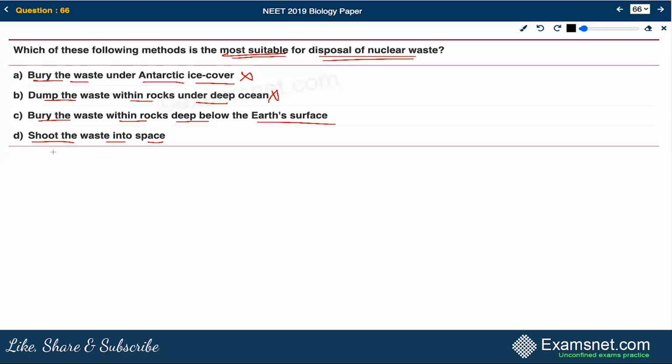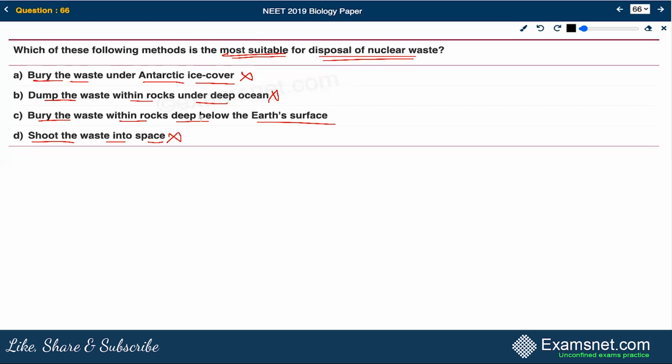All right. Then option D says shoot the waste into space. This also is not a very good option, because shooting the waste into space won't give a true solution for the disposal of nuclear waste.